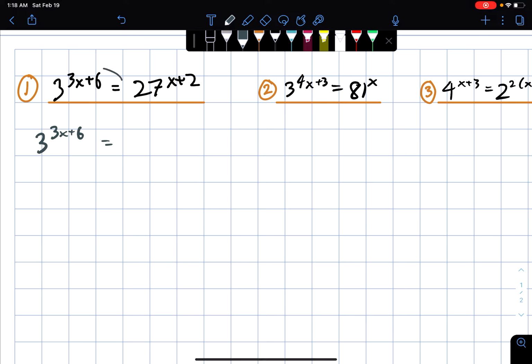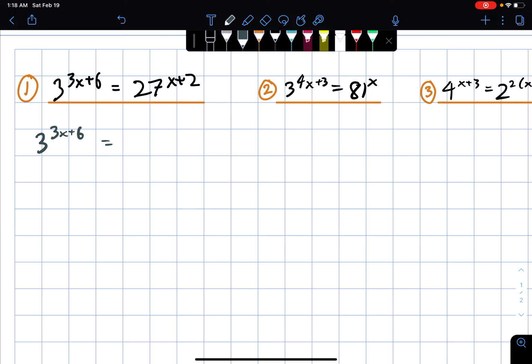So in this problem, we are given the bases 3 and 27. Now, there is a specific rule that I've mentioned earlier that we have to decrease the bases into smaller numbers.